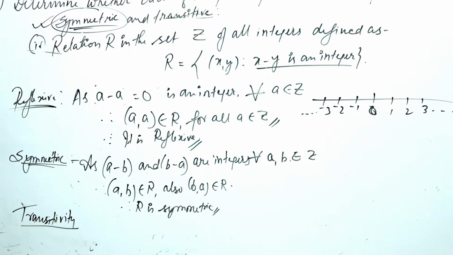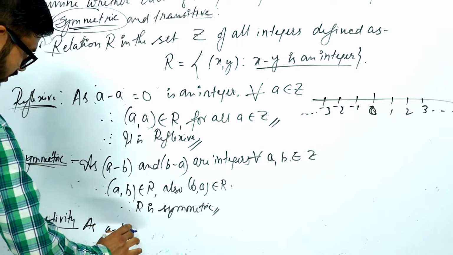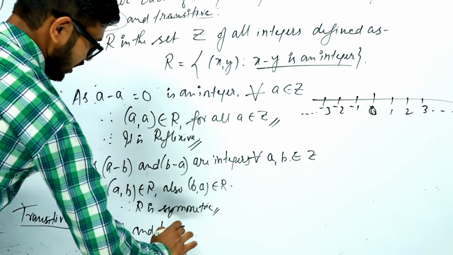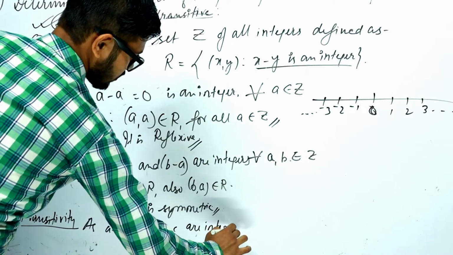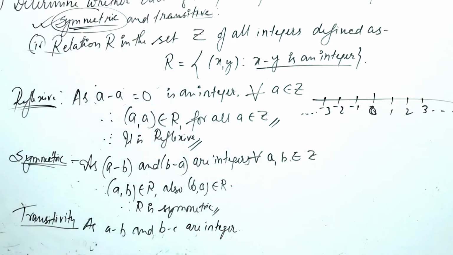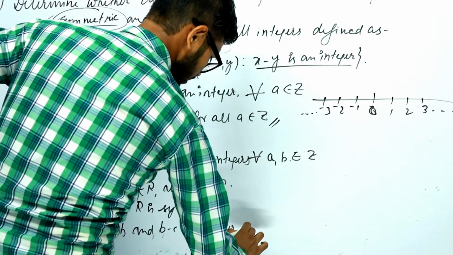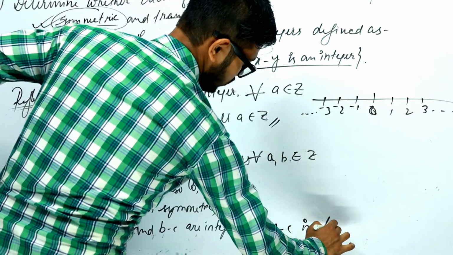We can write that a minus b and b minus c are integers, and a minus c is also an integer.